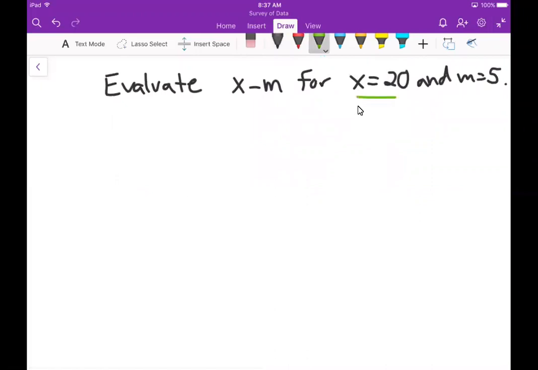Okay, so x is 20. That means I'm going to plug in 20 here for x. So I'm going to take 20. I'm going to subtract m. M is 5, so that's what I'm going to plug in here. So I want to evaluate 20 minus 5. 20 minus 5 is equal to 15. And I can evaluate an expression with two variables and an operation between those two. Expressions can have unlimited amounts of constants and variables. We're just trying to keep it simple here as we're learning the concept.